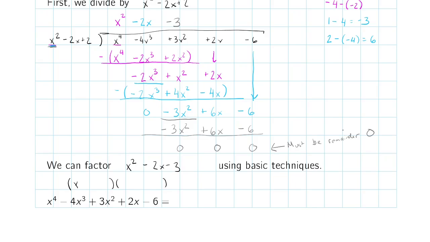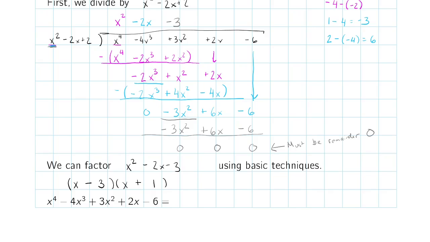The numbers that appear in the AC method are going to be the same numbers that appear in our factors. We want two numbers that multiply to negative 3 and add up to negative 2. To get negative 3, I need a negative and a positive. It can only be a 1 and a 3. So I need to have negative 3 times positive 1.